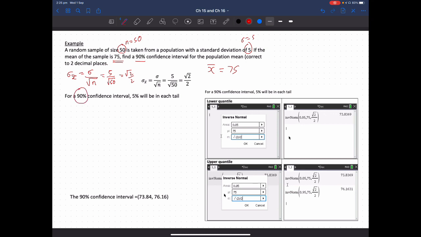We know we're looking at a 90% confidence interval. So if you imagine our normal distribution, up here there is 5%, up here there is 5%, and in the middle here there is 90%.